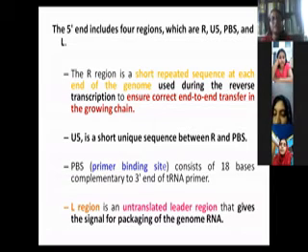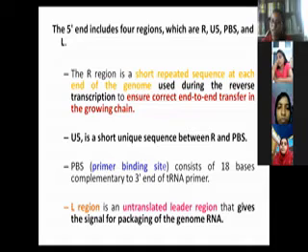So these are the regions that you find at the 5' end of the RNA genome of retrovirus. R is a short repeated sequence at each end of the genome, used during reverse transcription to ensure correct end-to-end transfer in the growing chain.